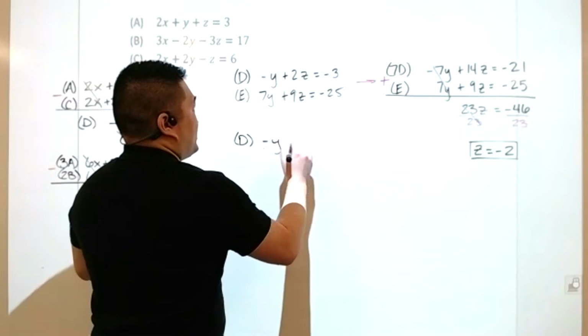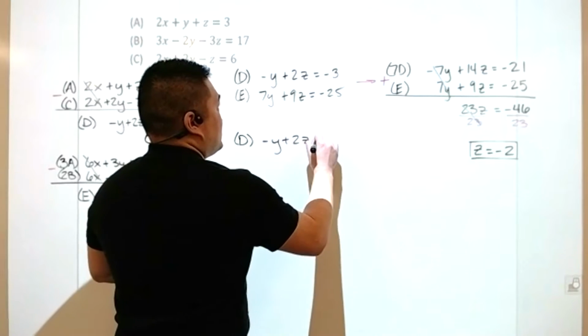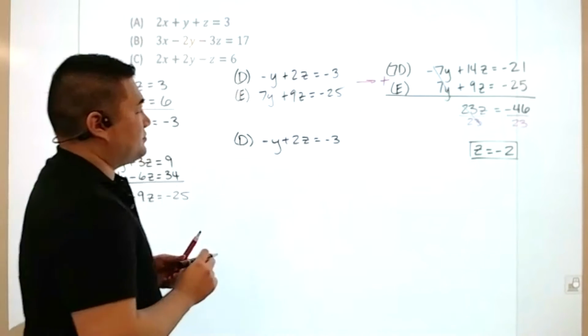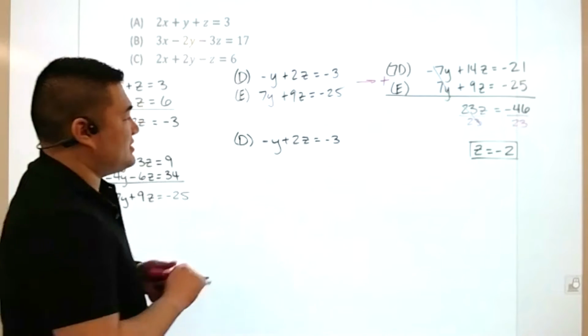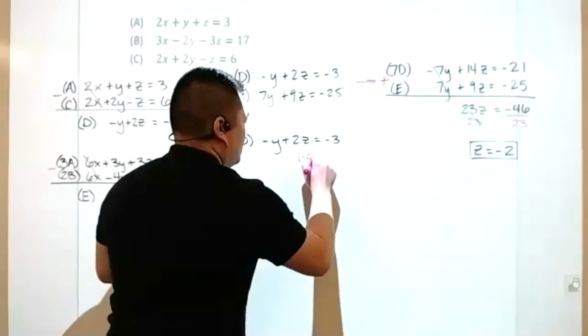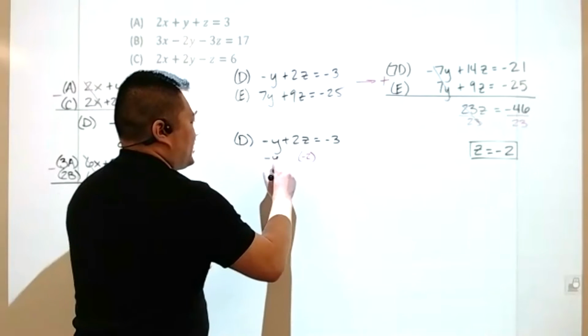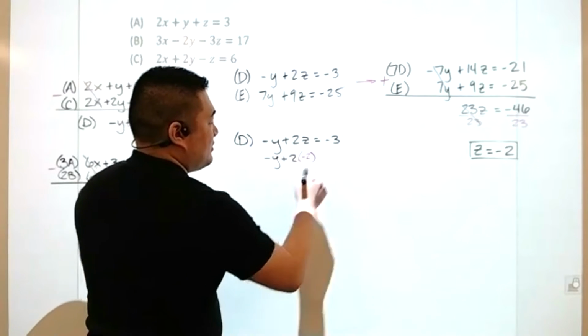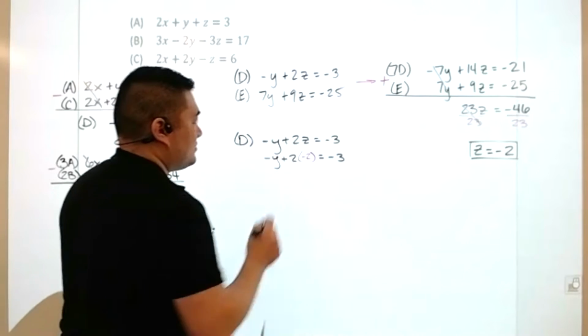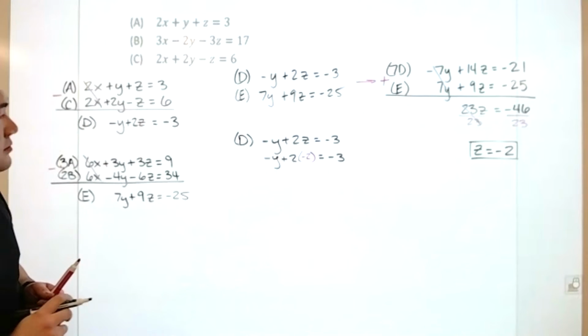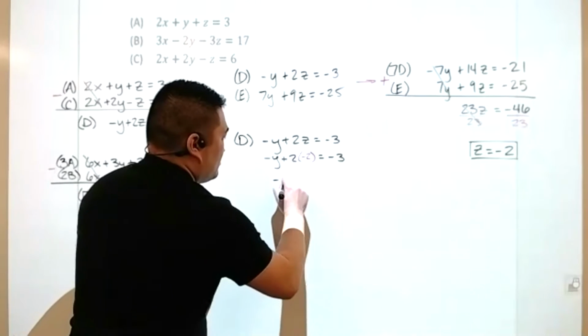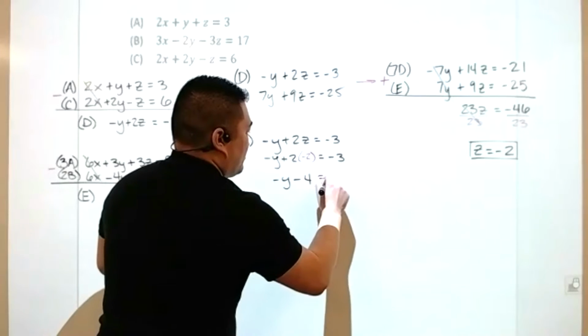So negative y plus 2z equals negative 3. I now know that z is negative 2. So this is negative y plus 2 times negative 2 equals negative 3. Negative y minus 4 equals negative 3.